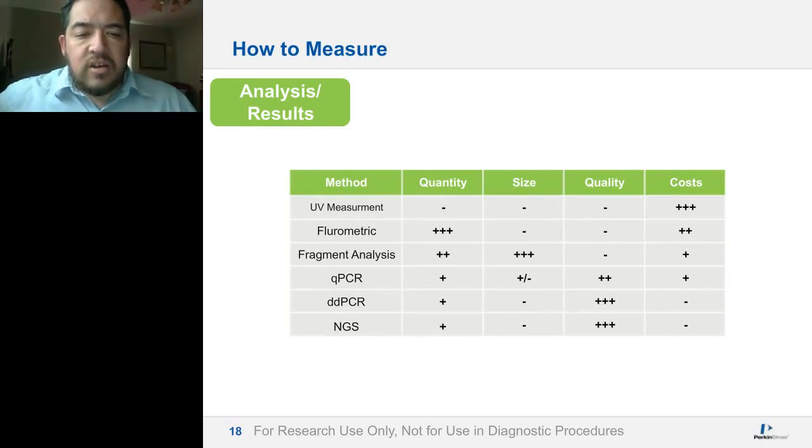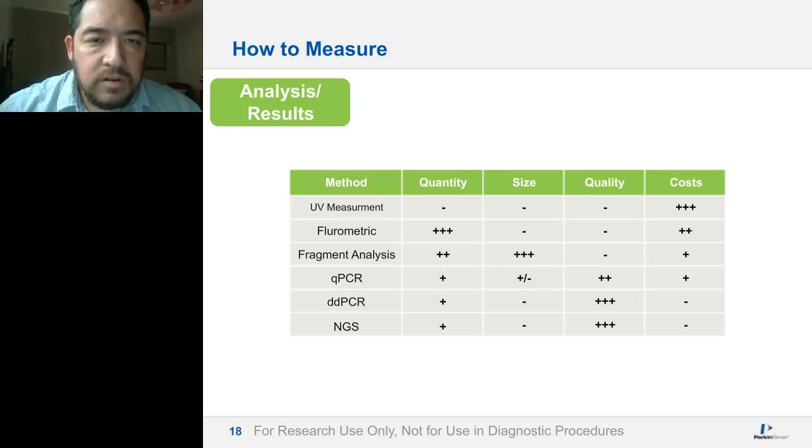One thing I'd like to talk about, and I'll definitely expand on this during the discussion on the poster, is that there are a number of different means to measure the quality and quantity of the circulating cell-free DNA.